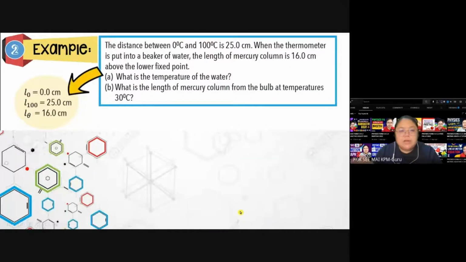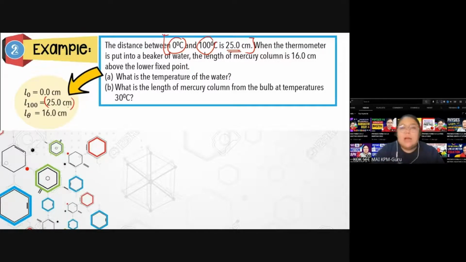Okay, then we go to the second. I think this one also doesn't go until example 3, but let's start with your example 1. The distance between 0 to 100 is 25. Sometimes they use this wording: 0 to 100 is 25 cm. What's the meaning? L100 is 25.